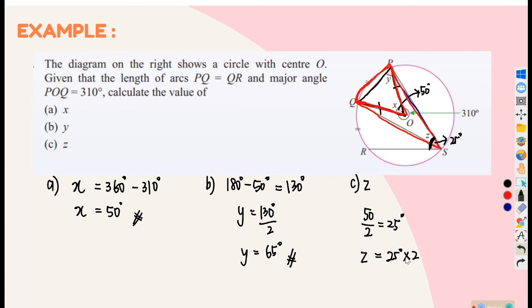Why am I times 2? Because the lengths of arc PQ and QR are the same, which means that the angles here are also the same, have the same value. So 25 times 2, so you will get z is equal to 50 degree.